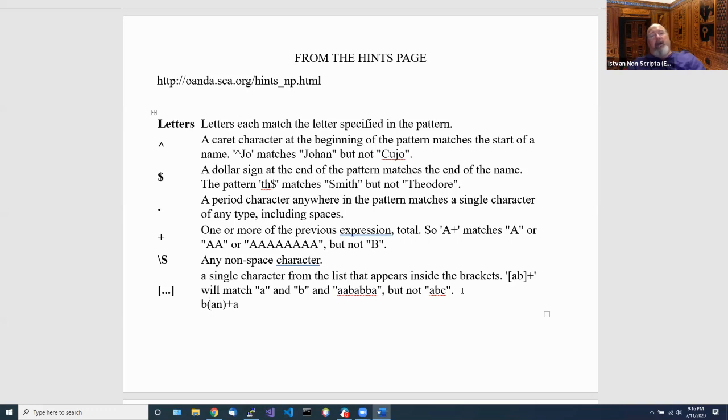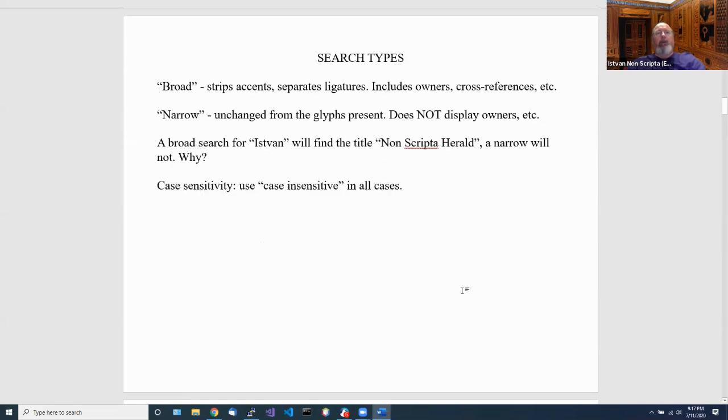Is it banana? Is it bananana? Na, na, na, na? So from this and a few more things, we can build ways to match sounds, sort of.